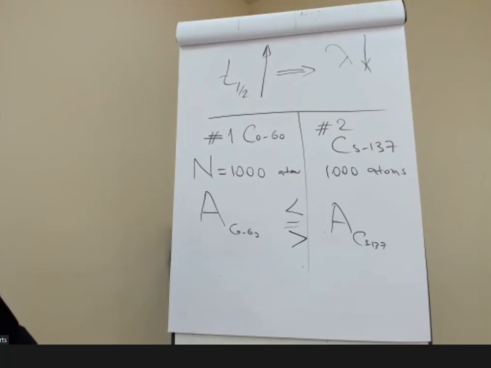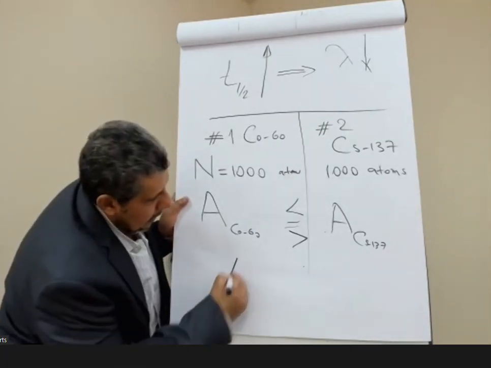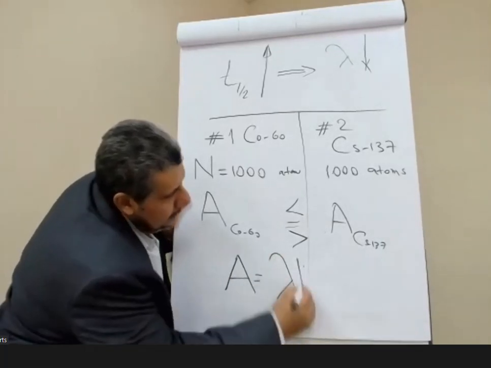The half-life for cobalt 60 is more. Okay. We have to know lambda for both first. So the activity will be less for cobalt 60, which has the higher half-life. Activity equals lambda N, right?